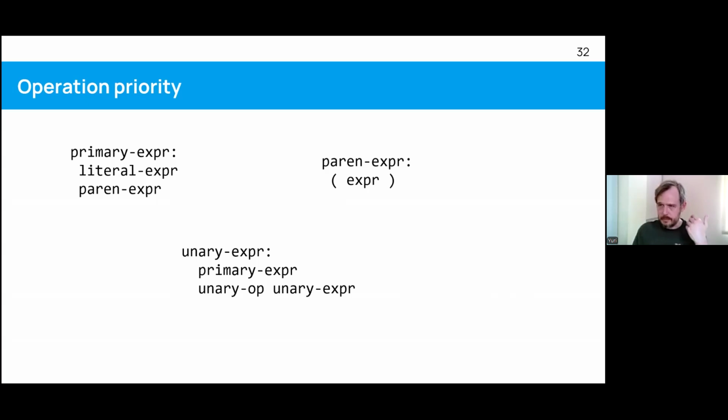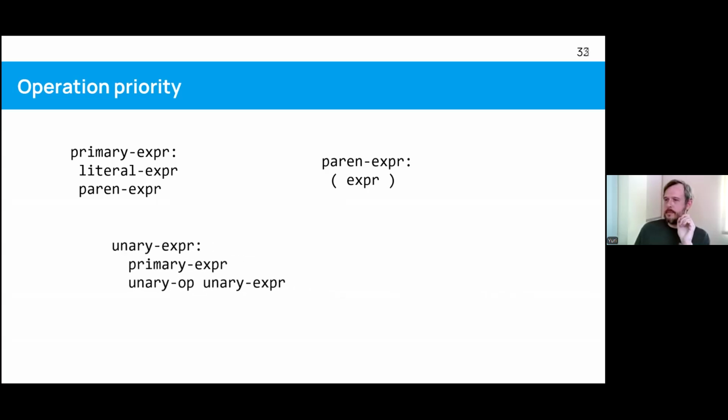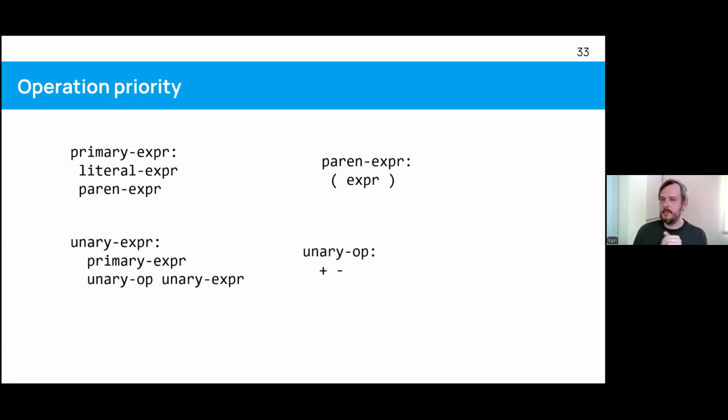So our unary is going to be either anything our primary expression is, so we can just say 2 or 42, whatever. Or it can be a unary operation, which is again plus or minus right now, followed by another unary expression, not a primary.